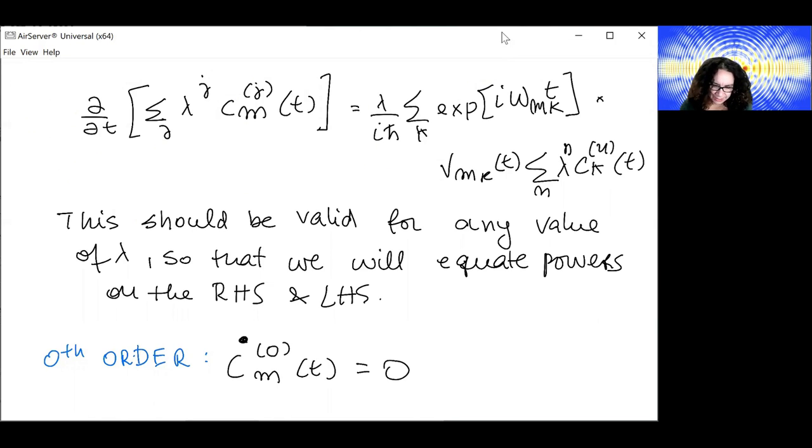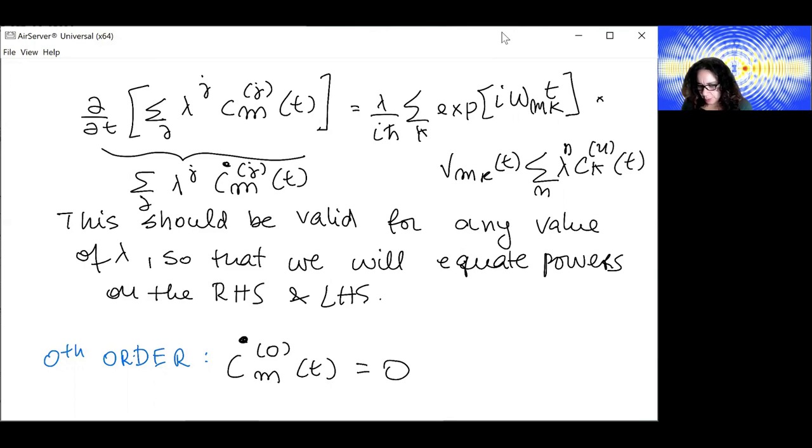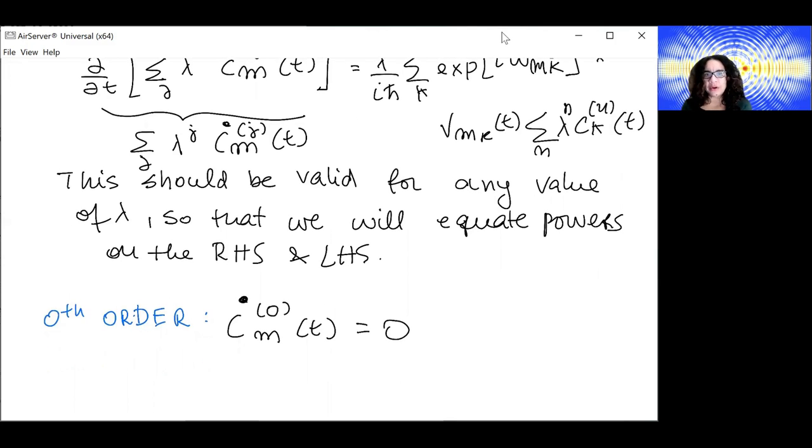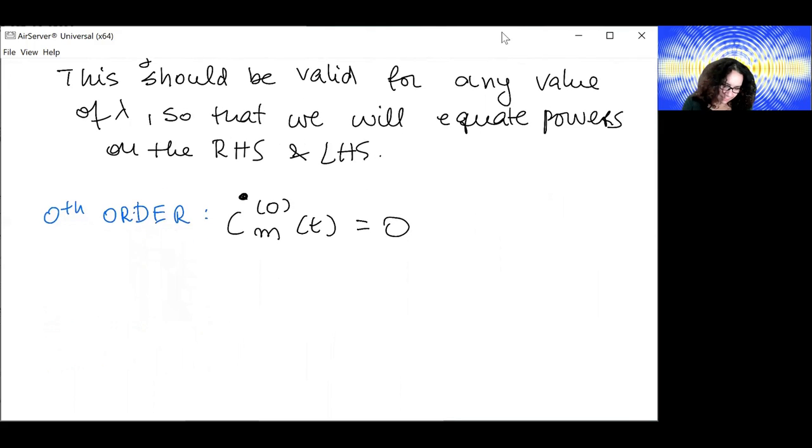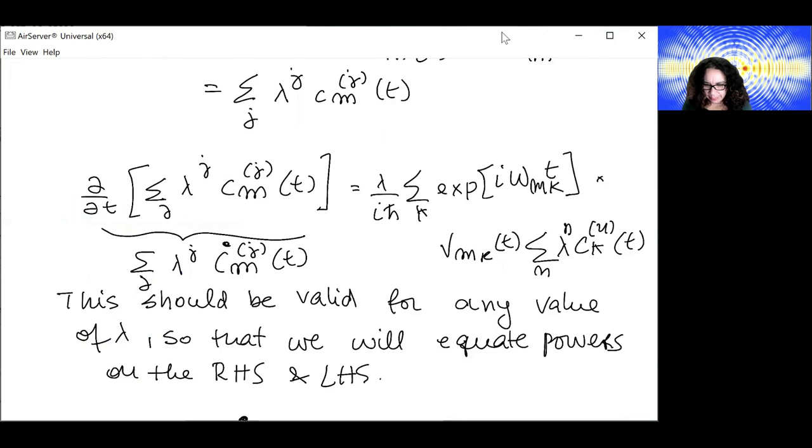So just to make it nicer here, I'm going to write this as the sum over j of lambda^j C_m^(j) dot (t). It's a bit clearer, but it's pretty much the same. Now we need to consider the other orders to see what we're going to obtain. So for first order, we can see we get something from here.